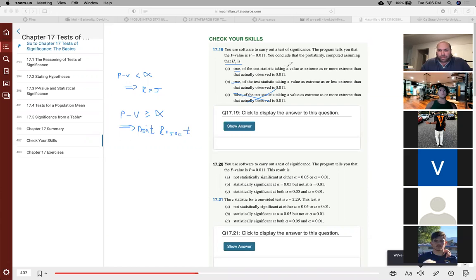So the probability of a test statistic taking a value as extreme or more extreme than the actual value, what we got or something even less likely, something further from the center, the answer is without question A.